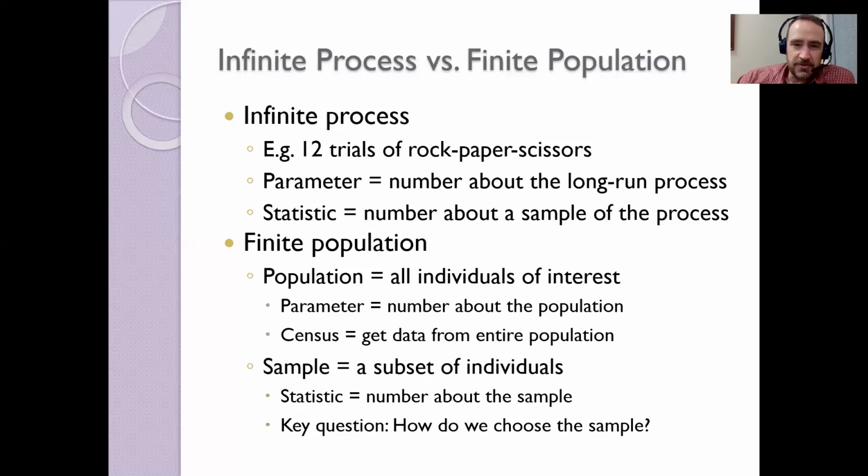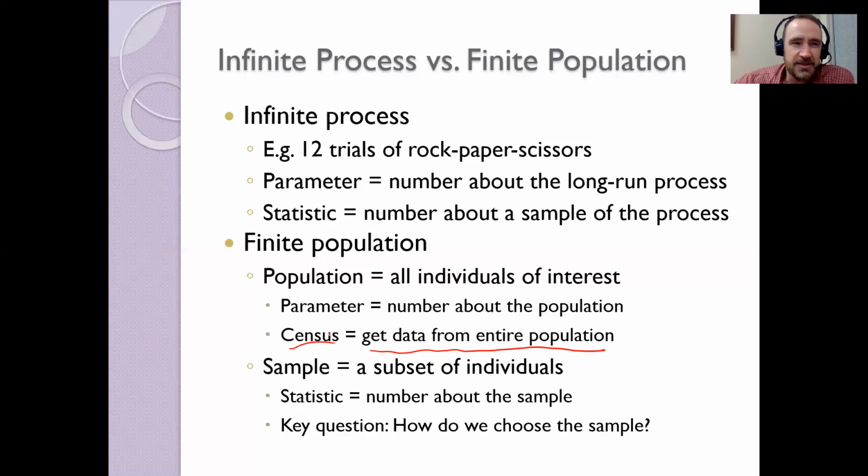That's the population. Once again, we have a parameter that's a number about the entire population. A census lets us know what the parameter is, because in a census, we get data from the entire population. So that's really great when we can manage a census.